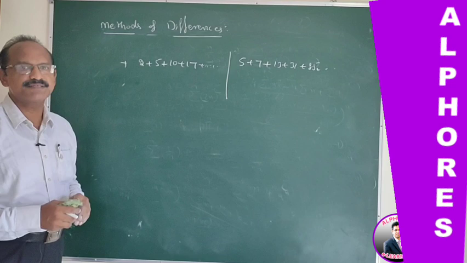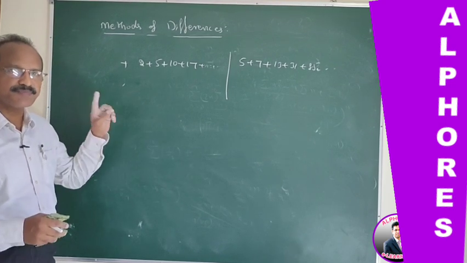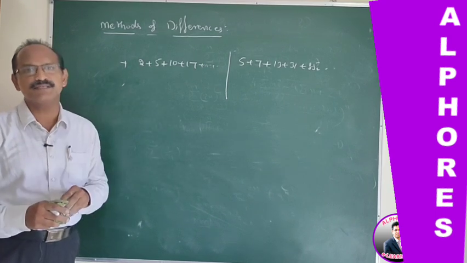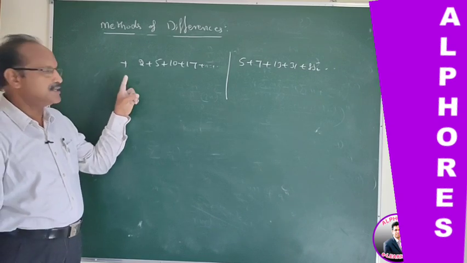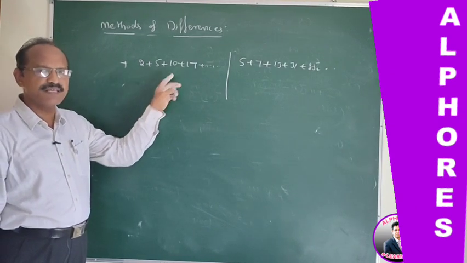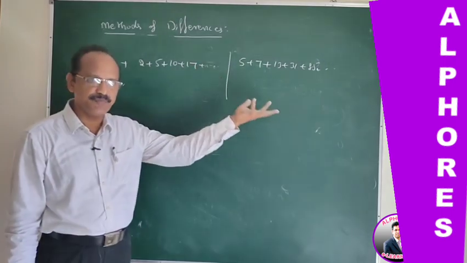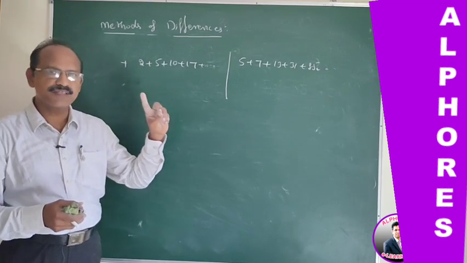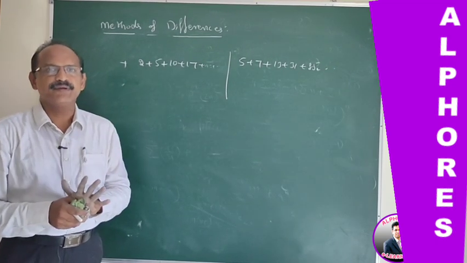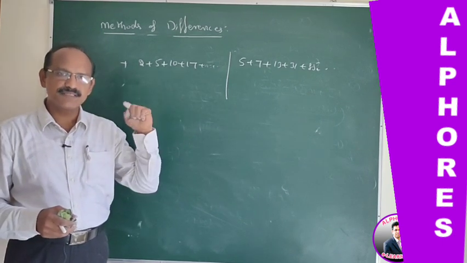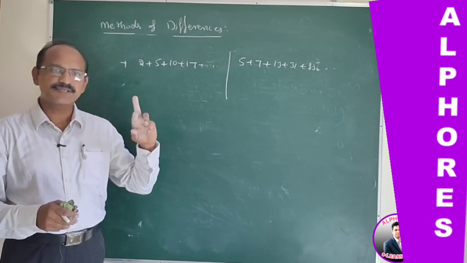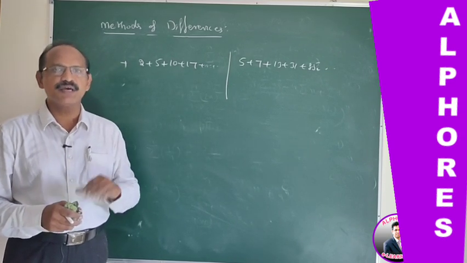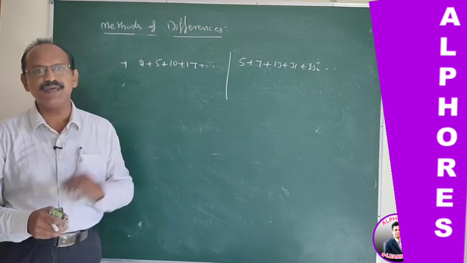What is the title meaning? Methods of differences means this method is applied to calculate the sum to n terms or sum of the series if the difference of the successive terms of a series is in AP or in GP. Once again, the procedure of methods of differences is used to calculate sum to n terms of a sequence if the difference of the successive terms of the sequence forms either AP or GP.